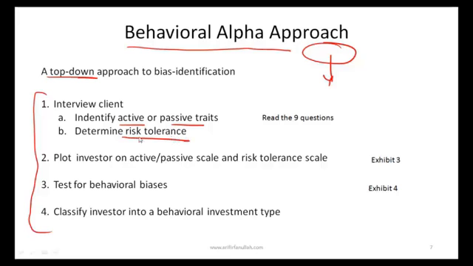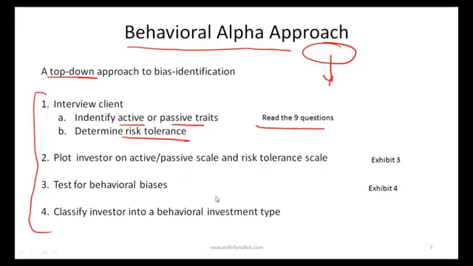Now, to understand how we determine where a client is on the active versus passive scale or on the risk tolerance scale, we ask questions. And what you should do right now is read the 9 questions. These are really simple, quick questions, so highlight them, and I'll pause here for a minute while you read these questions, because they give you a good indication of how we determine this information.